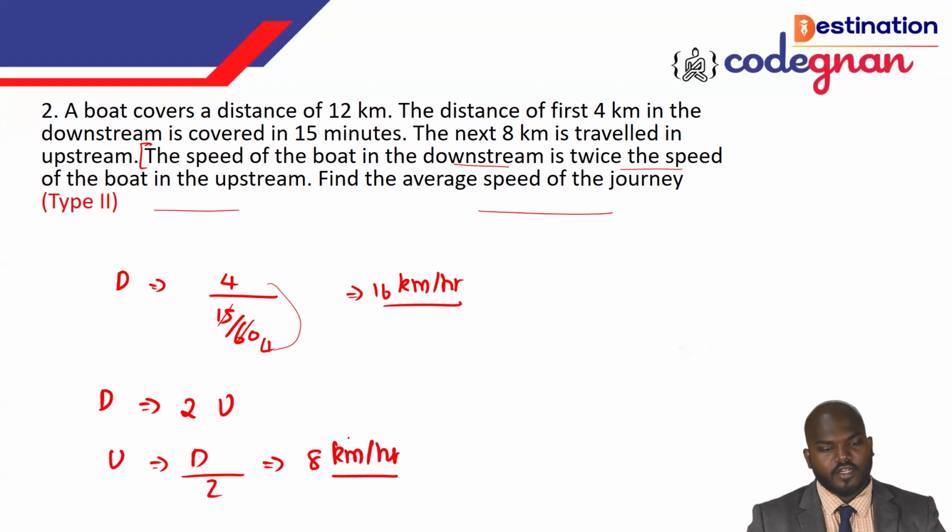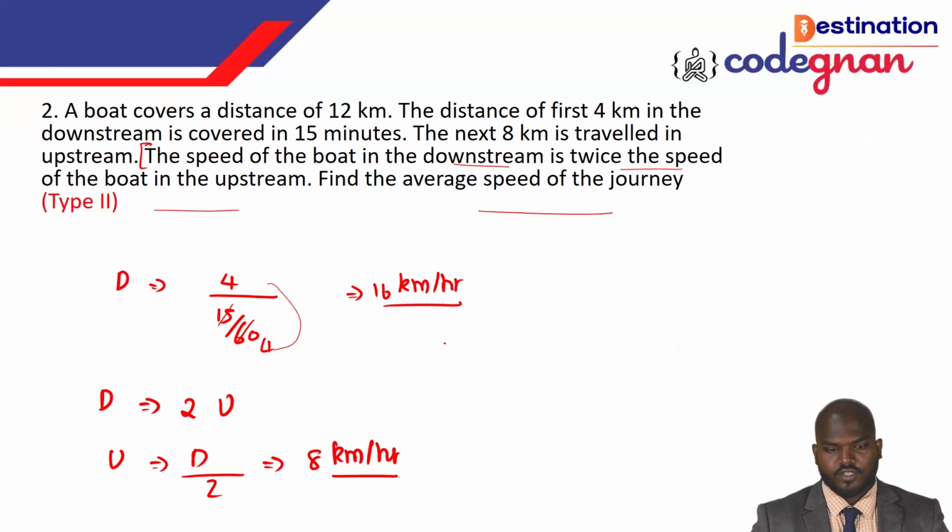So going onwards, they are asking the average speed. How can I find out the average speed is the particular thing you want to find out. The average speed means the same formula you want to apply here. You're not going to use something different.